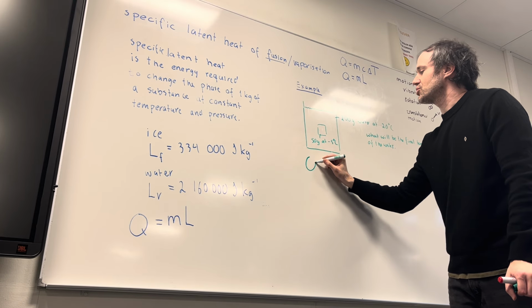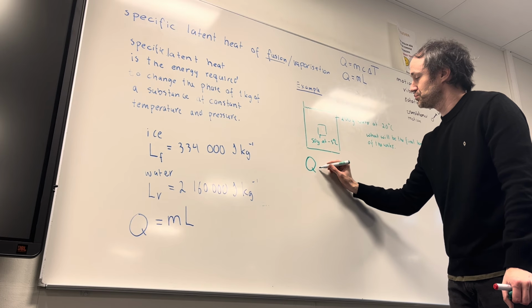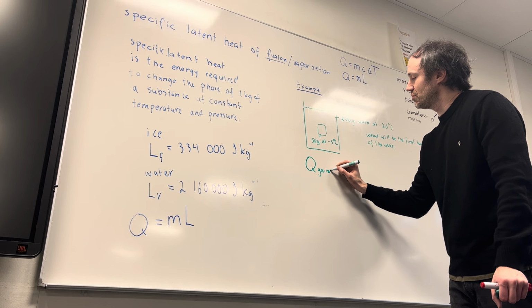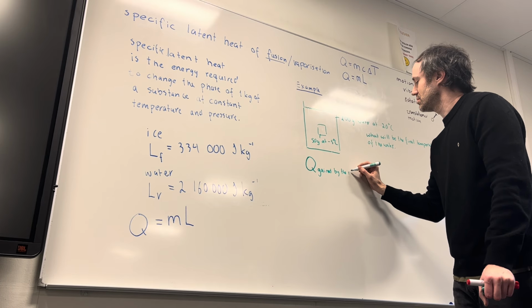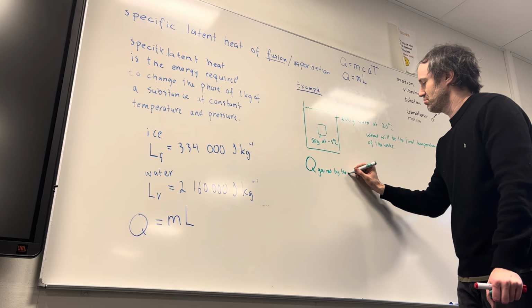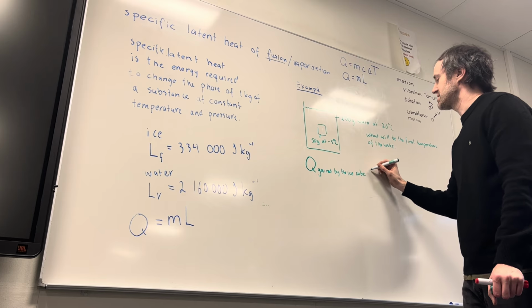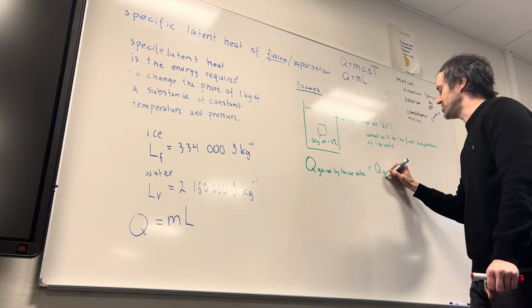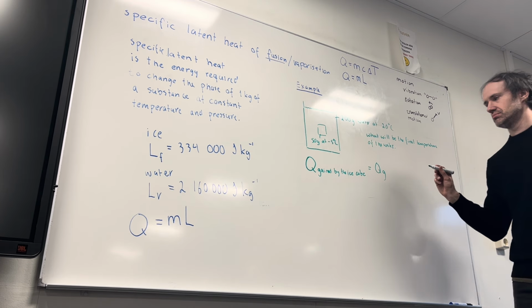Let's use this Q here. This is Q, the energy gained by the ice cube. That's now going to be referred to as Q gained, QG.